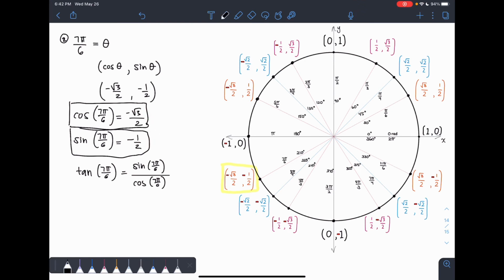So all we have to do is plug it in. So sine of 7 pi over 6 is negative 1/2. And we're going to divide that by cosine of 7 pi over 6, which is equal to negative root 3 over 2.